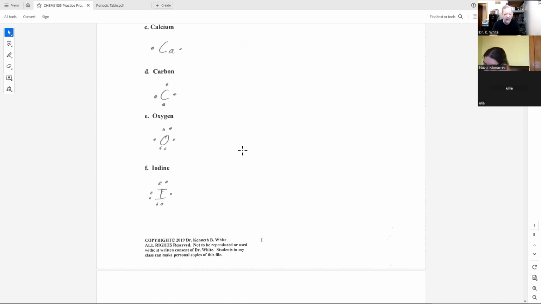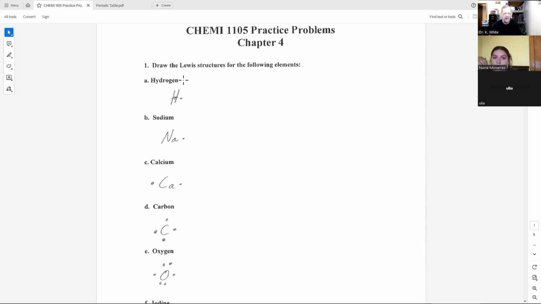So 3 sides have 2 dots and 1 side has 1. Now I have the single dot on the right. It could have been on the top or bottom or left. And the other sides that didn't have the single dot would have 2 valence electrons. So that is how you draw Lewis structures for elements.